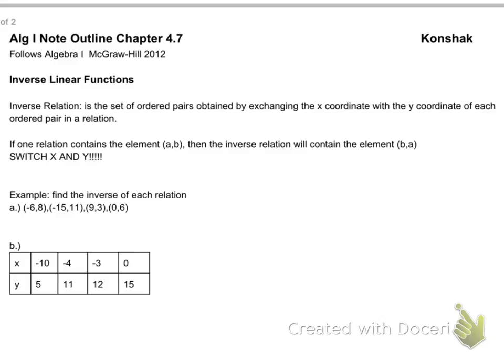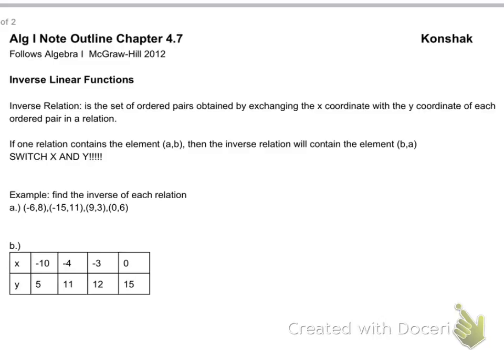It is the set of ordered pairs obtained by exchanging the x-coordinate with the y-coordinate in each ordered pair in the relation. That seems pretty easy, actually. If one relation contains an element (a, b), then the inverse relation will contain the element (b, a).